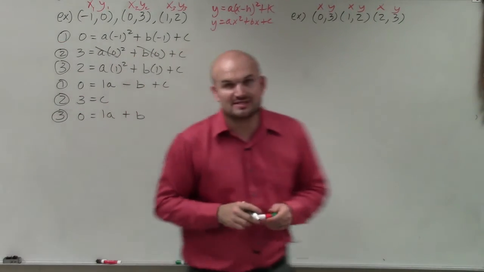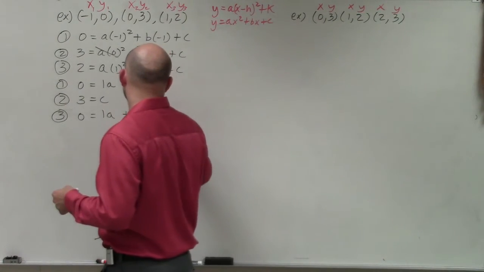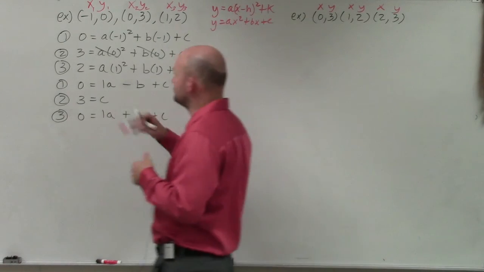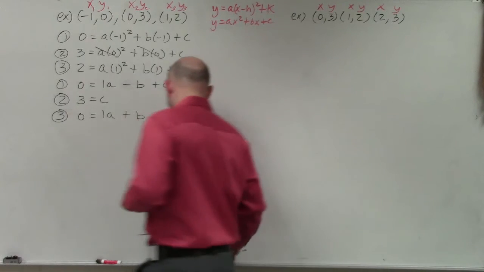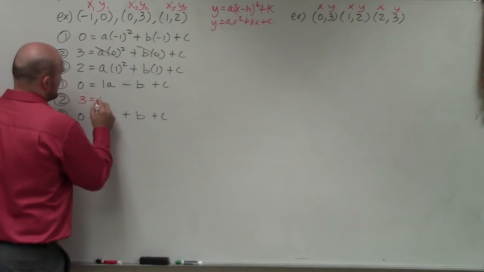So you can see that we have 3 equations. But the nice thing is we now know what the value of c is. So I'm going to replace the value of c in the equations with 3. I'll write this as 3 equals c.